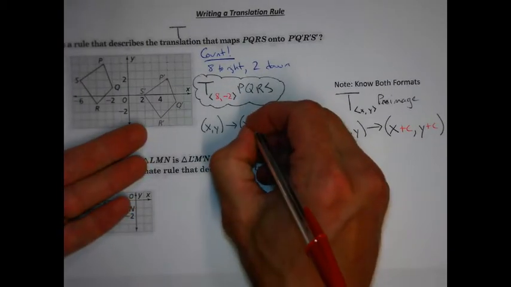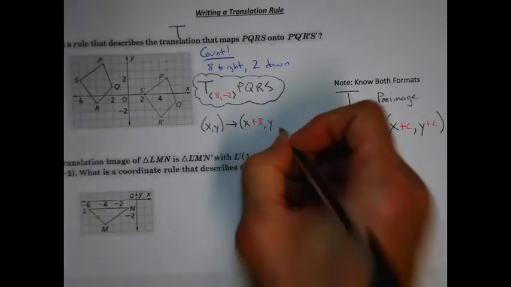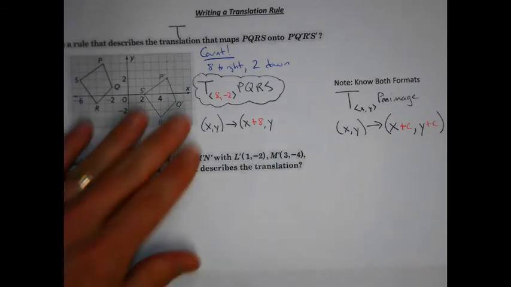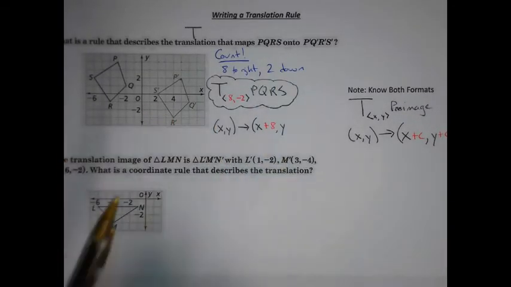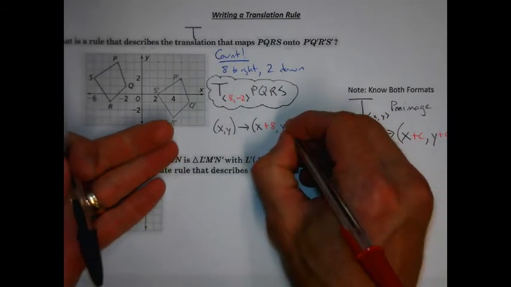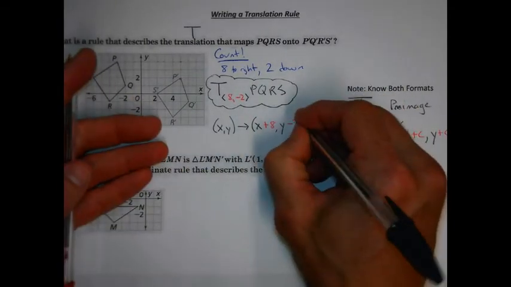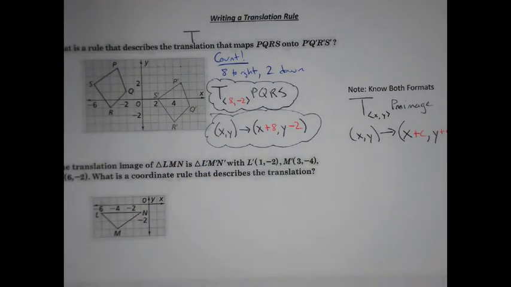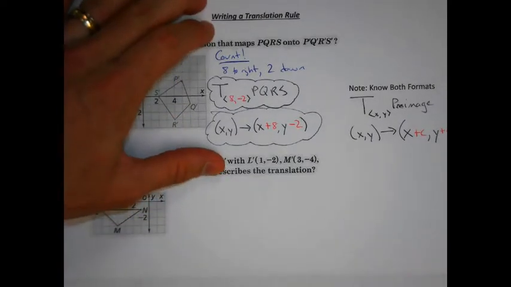So we would say x plus 8, and then y plus or minus something. And look at when we counted, we saw it went 2 down. So it'd be y minus 2. And that is called arrow format. We're going to need to know both formats. If I throw one way at you, you can catch it. If I throw the other way at you, you can catch that as well. So that is writing a translation rule.